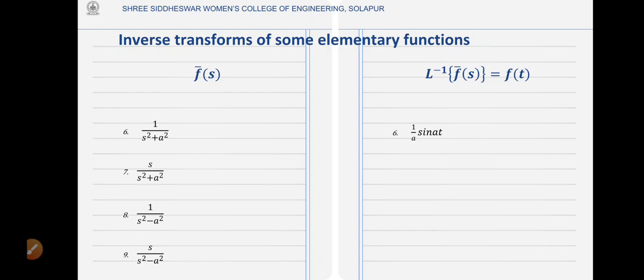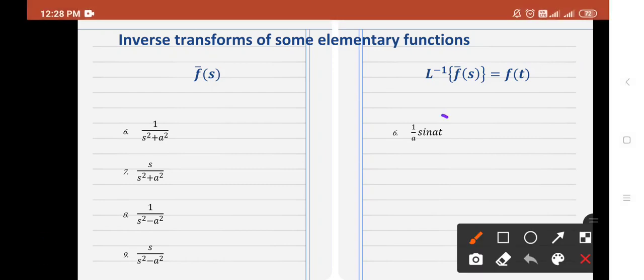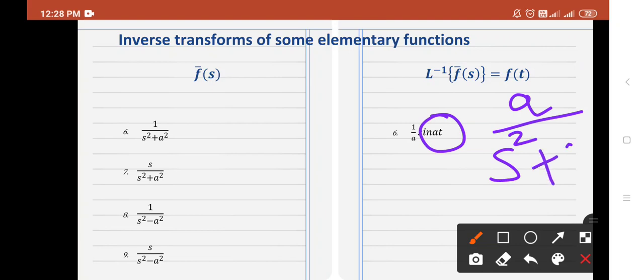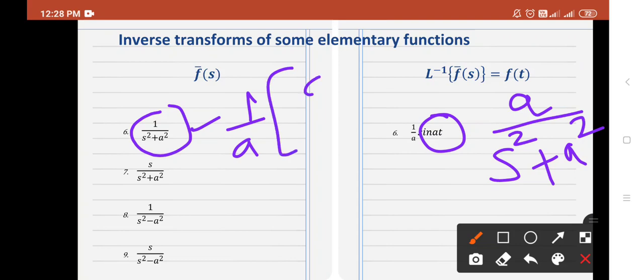Surely, for 1 upon s square plus a square, the inverse LT is 1 upon a sin at. Why? Because the Laplace transform of sin at is a upon s square plus a square, where a is a constant multiplier. Here we are not having a in the numerator, so we can adjust a in the numerator by writing 1 upon a into bracket a upon s square plus a square.